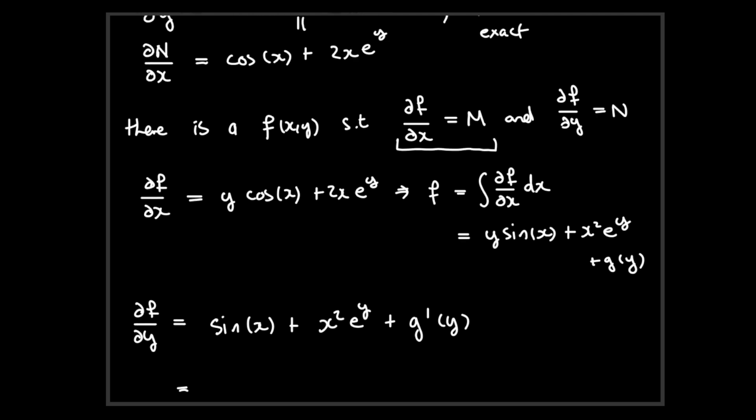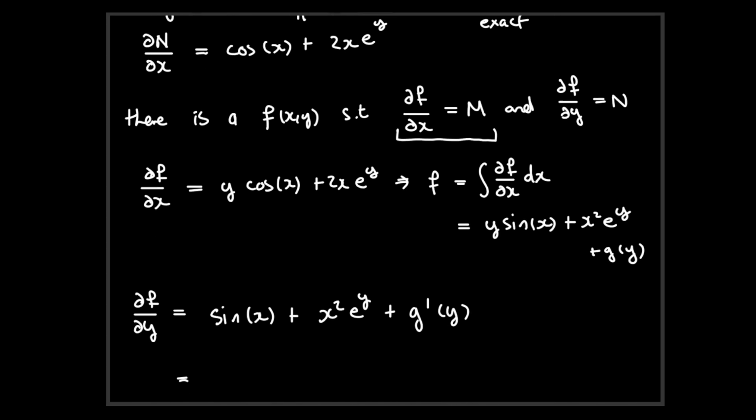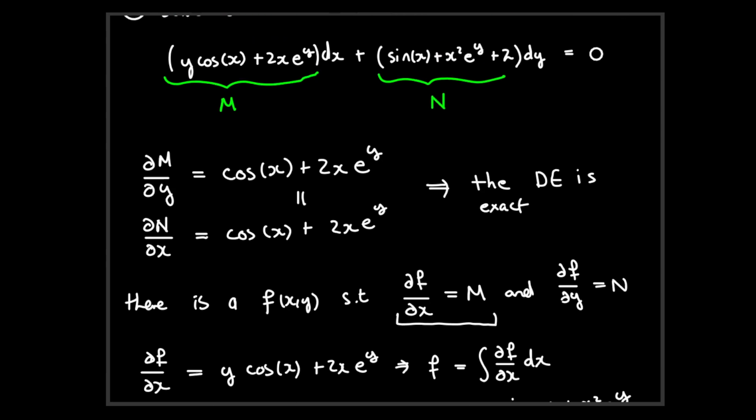So we just recall what is N. It's sin x plus x squared e to the y plus 2.